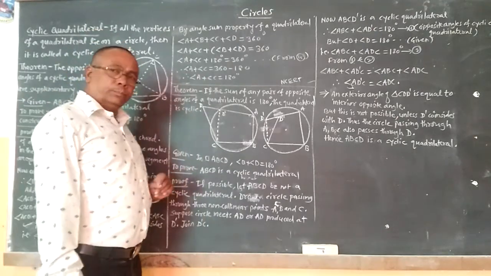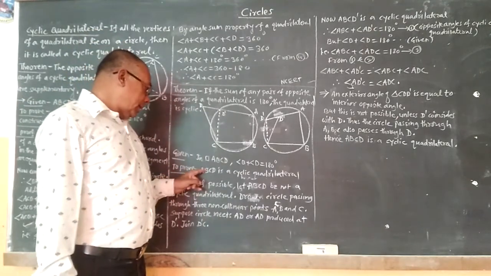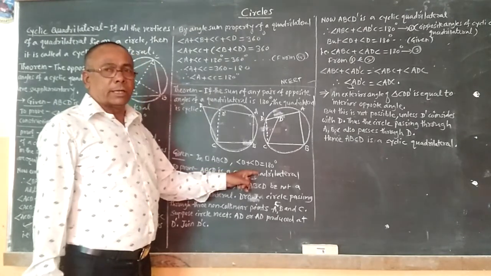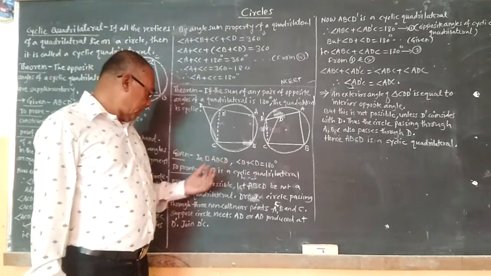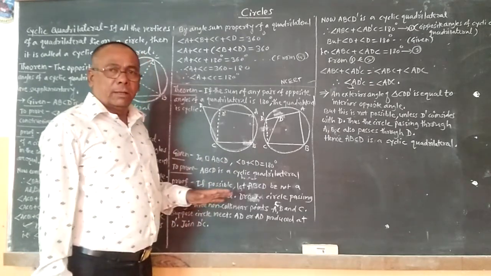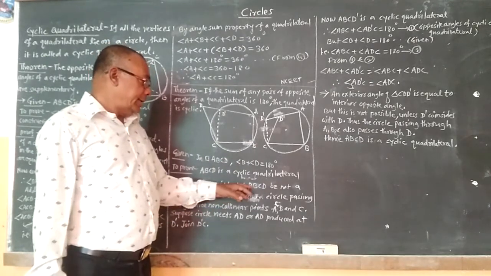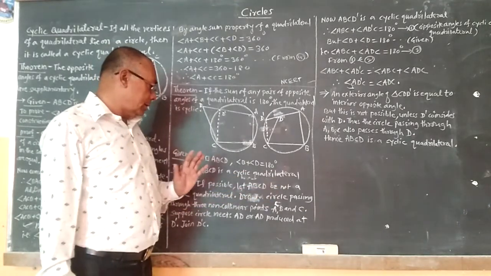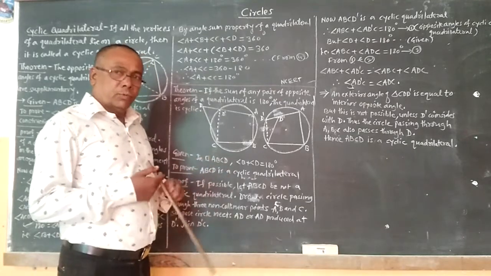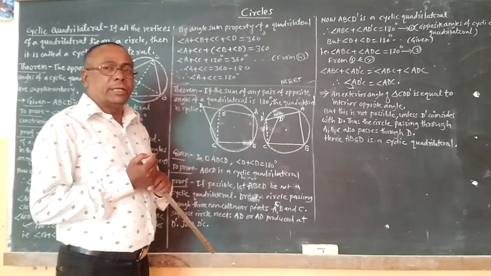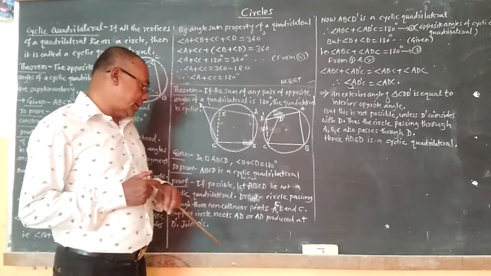Here, to prove: ABCD is a cyclic quadrilateral. If possible, let ABCD be not a cyclic quadrilateral. Means we have to consider that ABCD is not a cyclic quadrilateral.